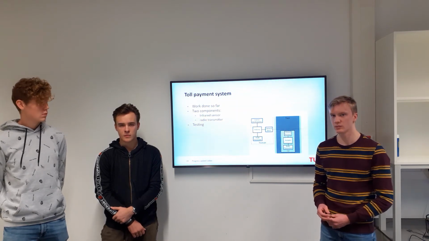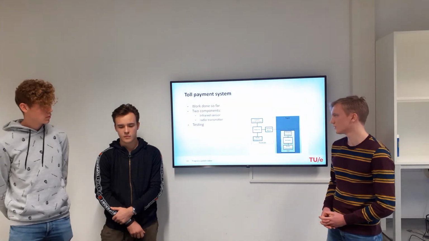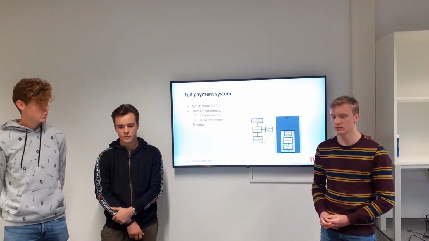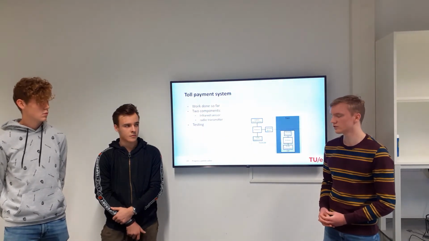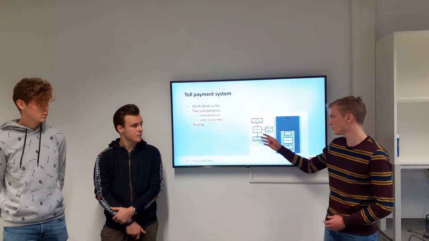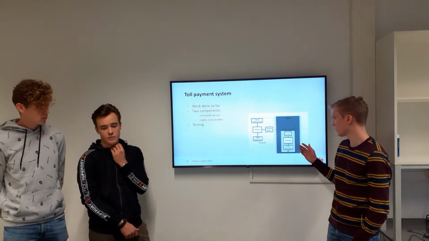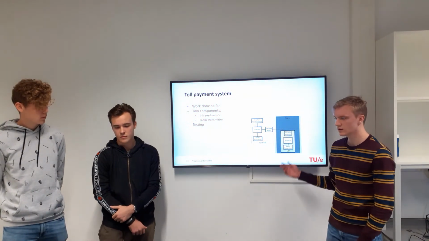The toll payment system consists of two components: an infrared sensor and a radio transmitter, and both of these components have two sides: the track side, which you can see here in this schematic, and the car side.